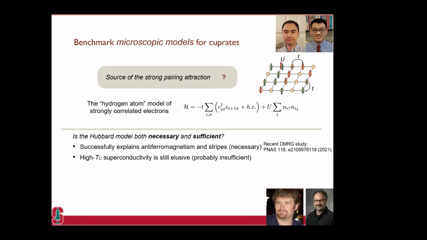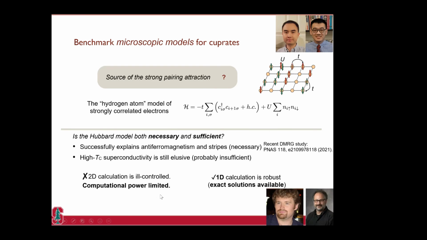So, of course, that's very interesting. There's a lot of work, and for this community, you don't need me to tell you that it looks simple, but it's not an easy model to work on. So it's still elusive. At the heart of that is that the two-dimensional calculation is hard to control.